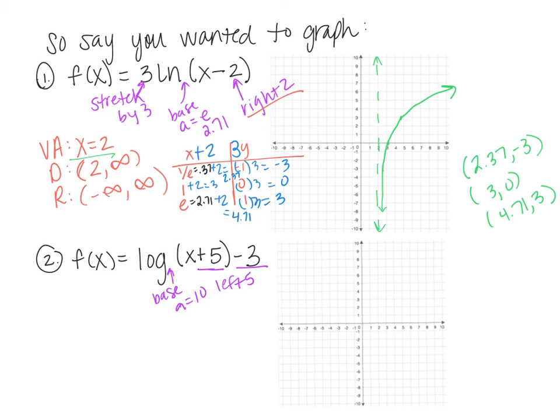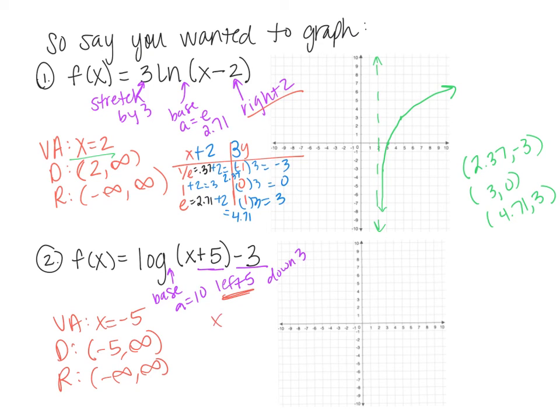And then I have a minus 3, so I'm going to be moving down 3. Let's see what that does to my elements. My vertical asymptote is going to be at x equals negative 5 because I'm moving left 5. My domain is going to be from negative 5 to infinity. My range is going to be all real numbers.